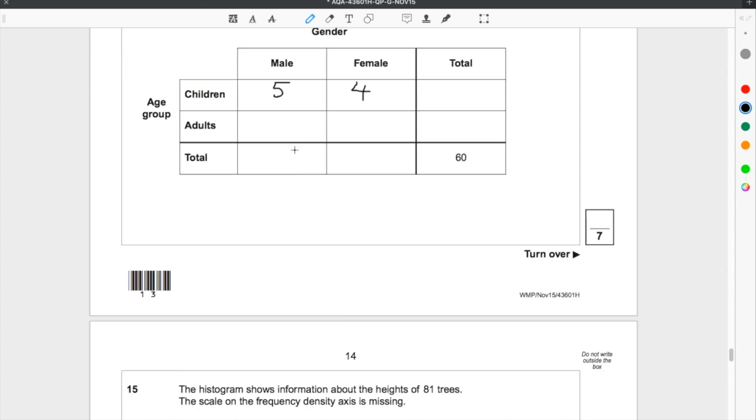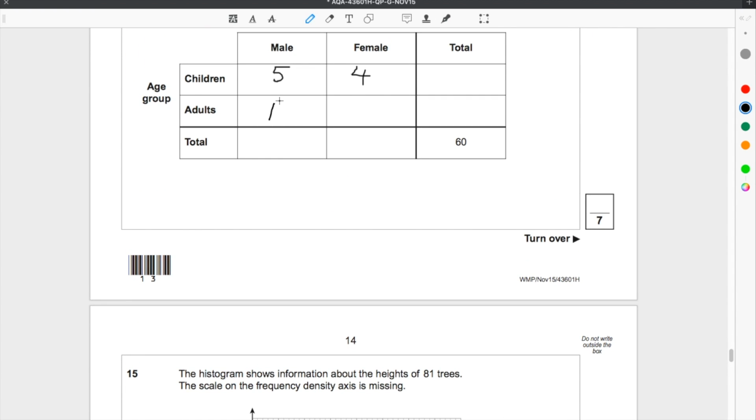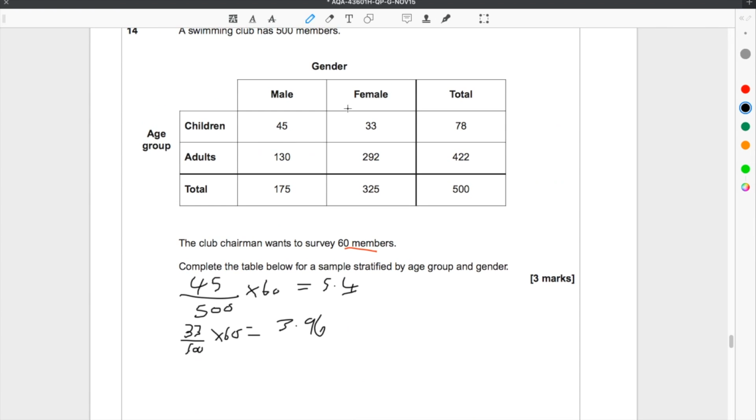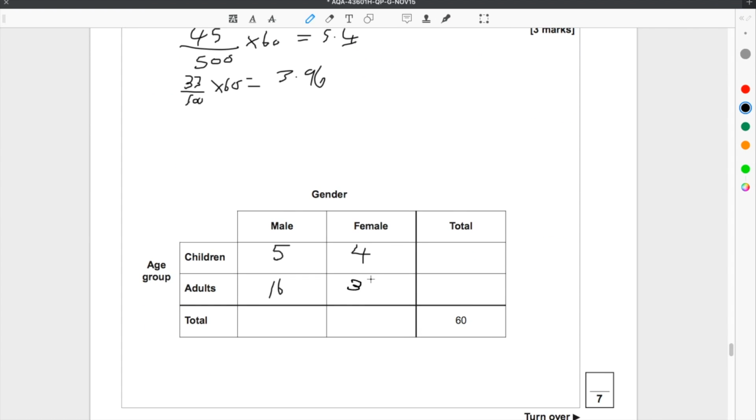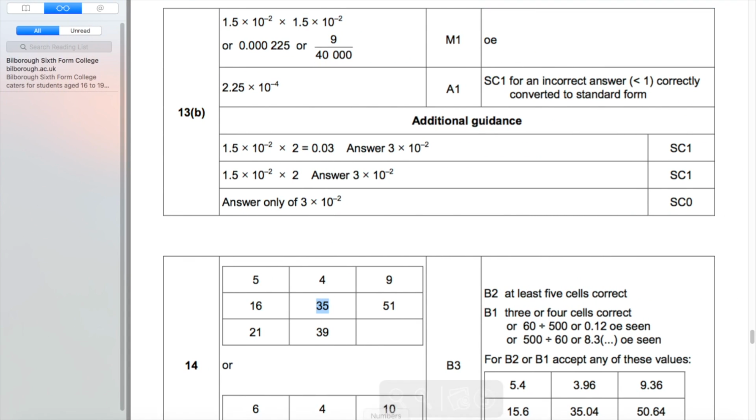It's 15.6, so that rounds up to 16. 292 divided by 500 times 60. It's 35. Okay, and as we can see here, that's exactly what we're doing. So that's going to be 51, 21 and 39.